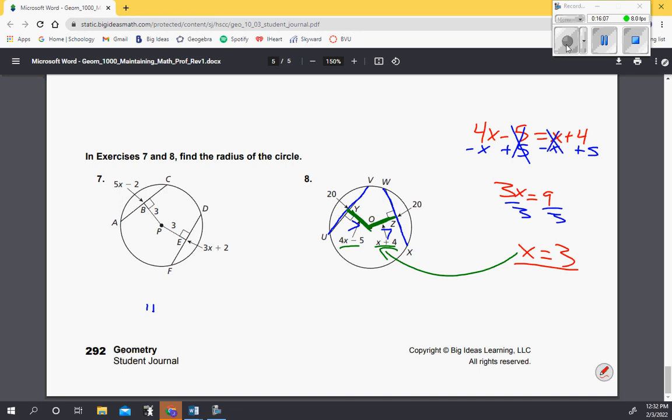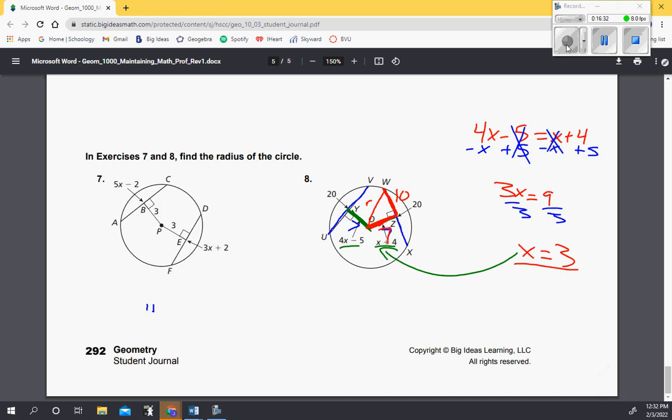Now, our radius goes from the center to one of the edges of our chord. Okay, that's R. We know this leg, it's 7. Do we know this part? Yes, we do. It's 20 divided by 2 because we have a bisector with that right angle, so this is 10.